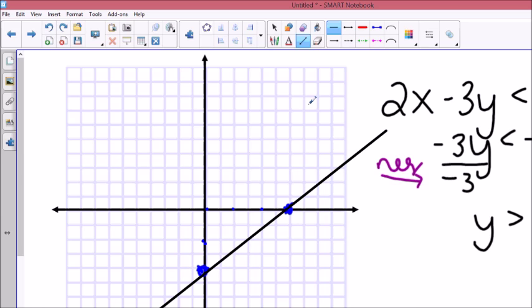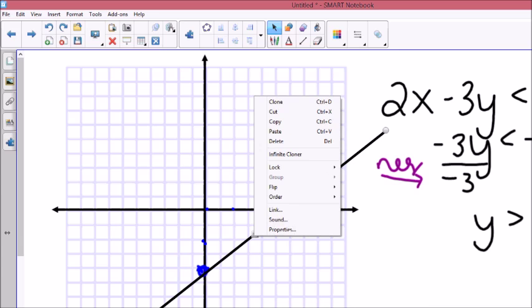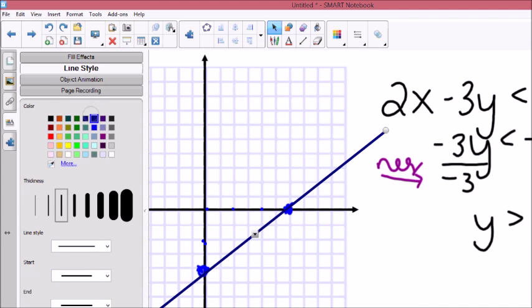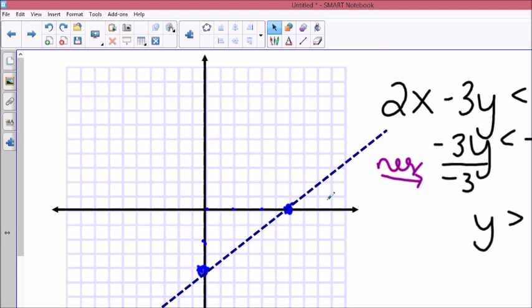Okay. We'll connect the dots. Turn it blue. Also, because the inequality symbol strictly says greater than instead of greater than or equal to, we need to be sure that we make our line a dotted line. So people know that they have to stay off of that line if they want to satisfy that inequality.